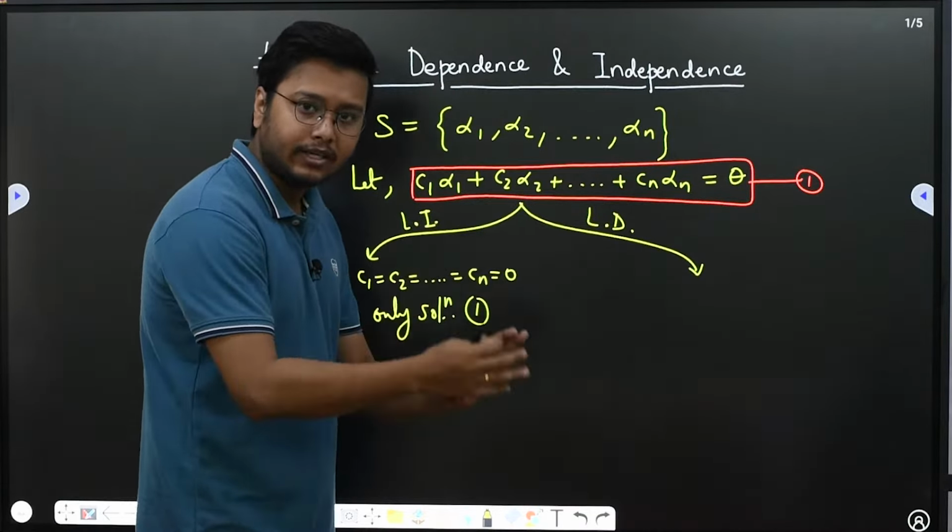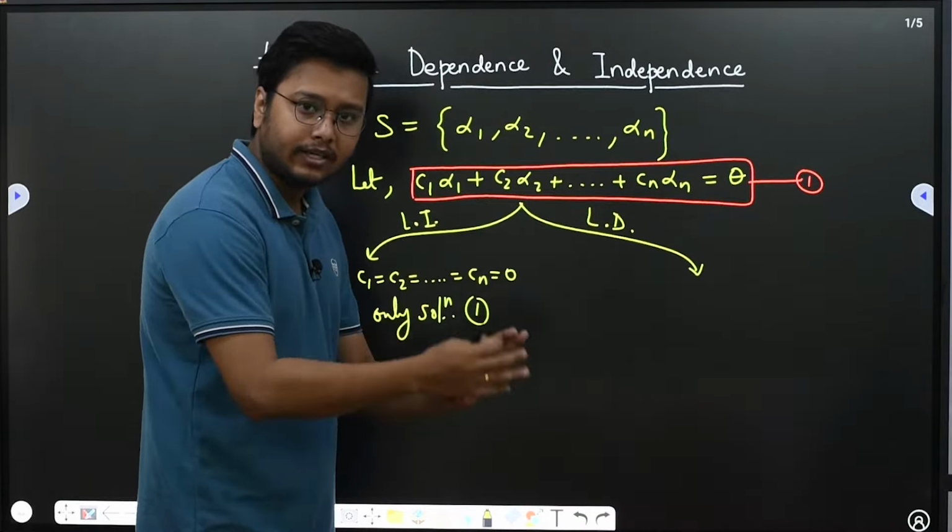First, let me talk about the last one, that the subset of a linearly independent set is still going to remain linearly independent. Acha. That means, first, instead of proving this one, let me prove the first one. Okay, that would be easier. The superset of a linearly dependent set is going to be linearly dependent.